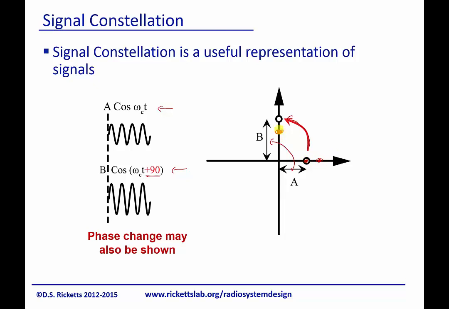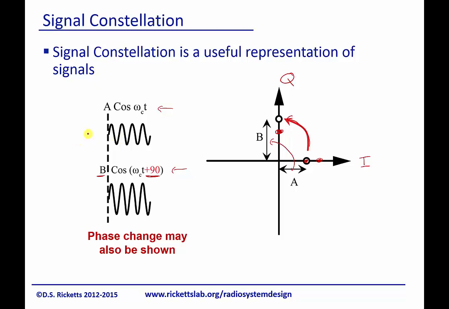What I've drawn here is four different points, and we can continue this so that we represent signals on an in-phase and quadrature diagram. We plot the amplitudes and phases of each signal that represents a piece of data.